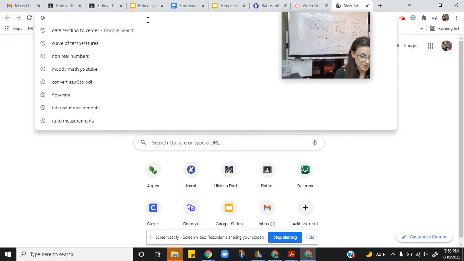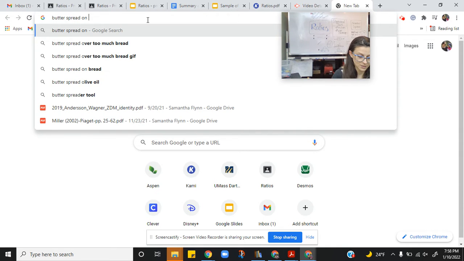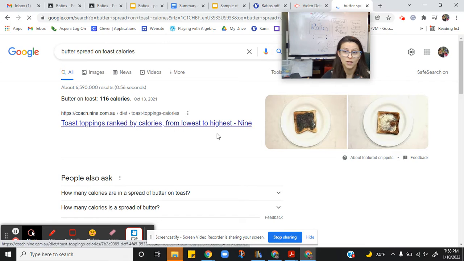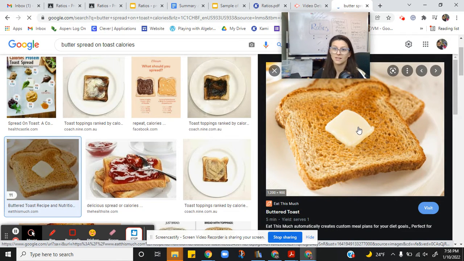Remember, I like to refer to butter spread on toast. So when you think about this image, this is data that's not very spread out. That means that the measures of spread, the mean absolute deviation, the standard deviation, the interquartile range, these are all terms that we'll get to know.